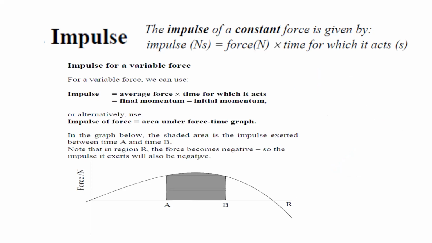But what if it's a non-linear graph? It's a curve. So what we have to do to calculate the impulse is calculate the area under the graph. And how to find the area of a non-linear graph? You have to divide the graph into small segments.